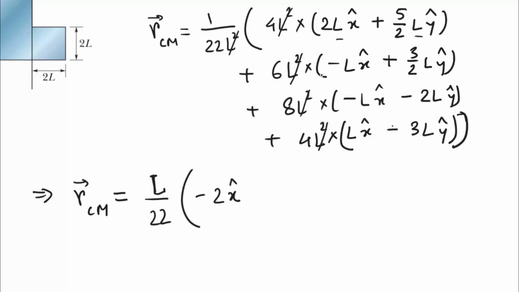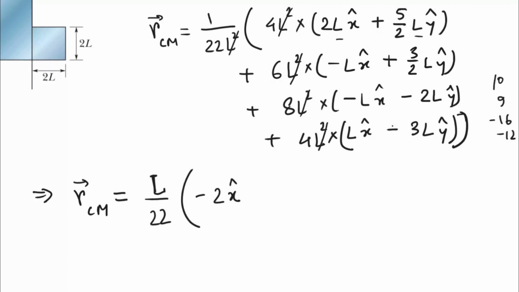What about the y part? 4 times 5 by 2, that's going to be 10. 6 times 3 by 2, that's going to be 9. So 10, 9, and then minus 16, and then minus 12.